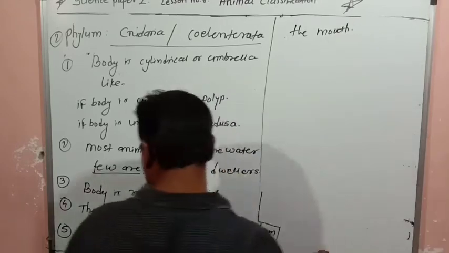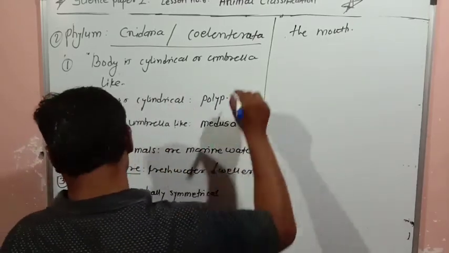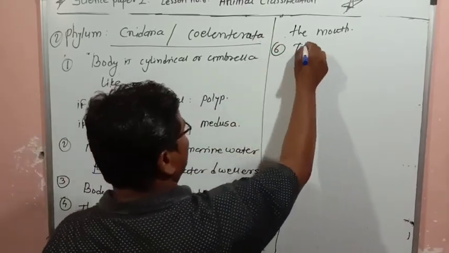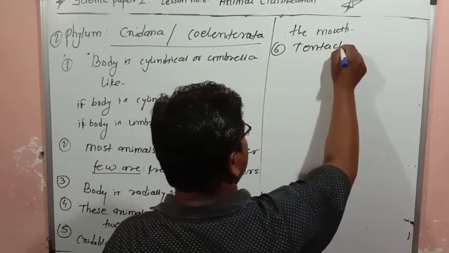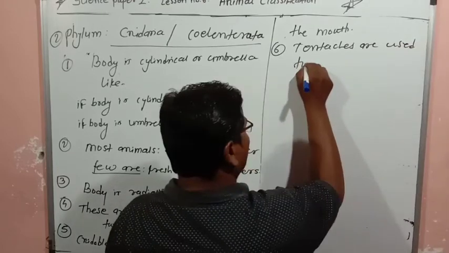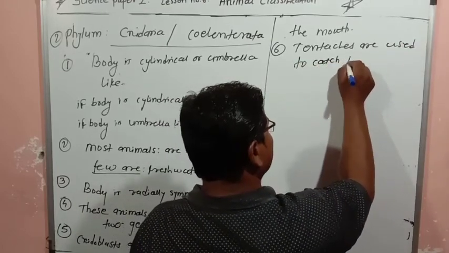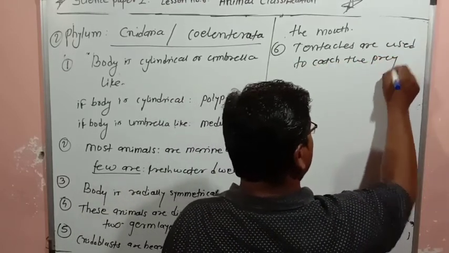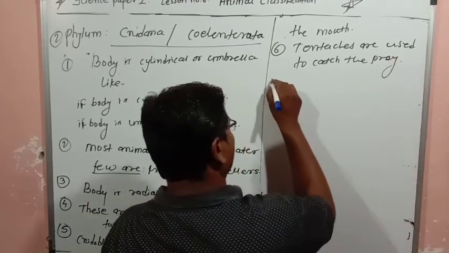The sixth point is that tentacles are used to catch the prey.